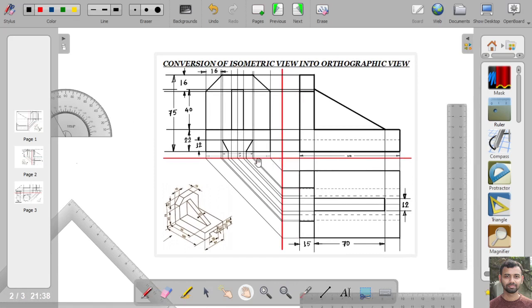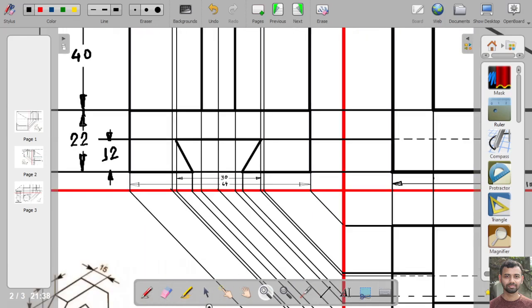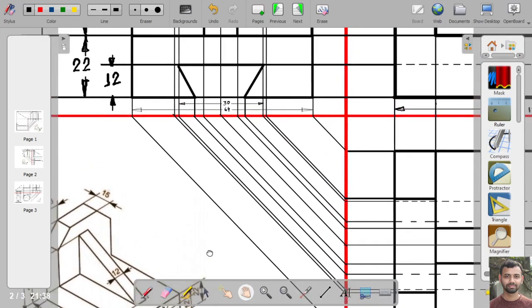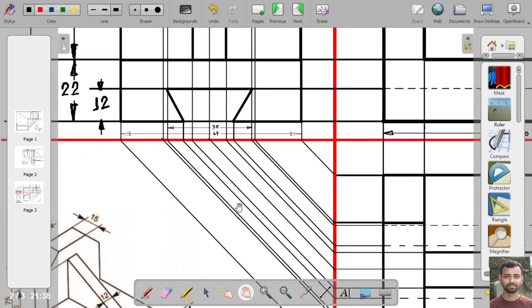Okay, another dimension is left, that is this angle. So we have to show this angle also. This angle is given as 60 degree. This angle is given as a 60-degree angle. So we will show this angle.